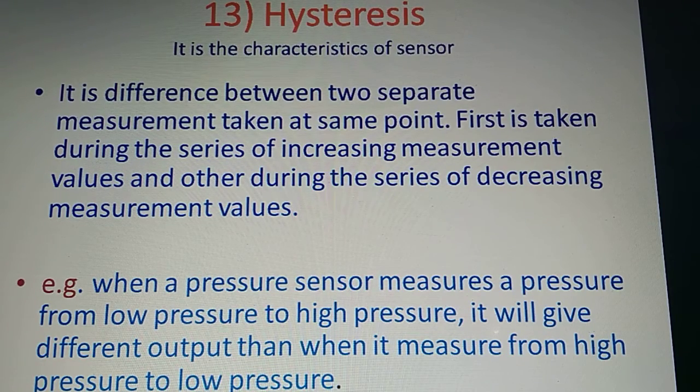That point is called B. Then the first reading is taken during the series of increment. That means at point A you are taking the first reading, and at B the readings start decreasing. So in between these two you are taking the difference between two separate measurements.